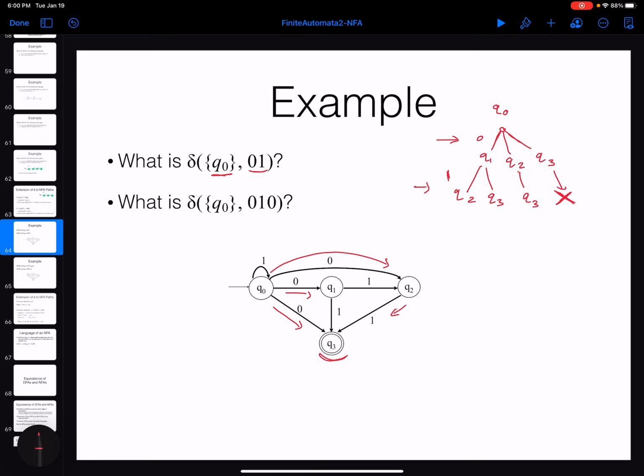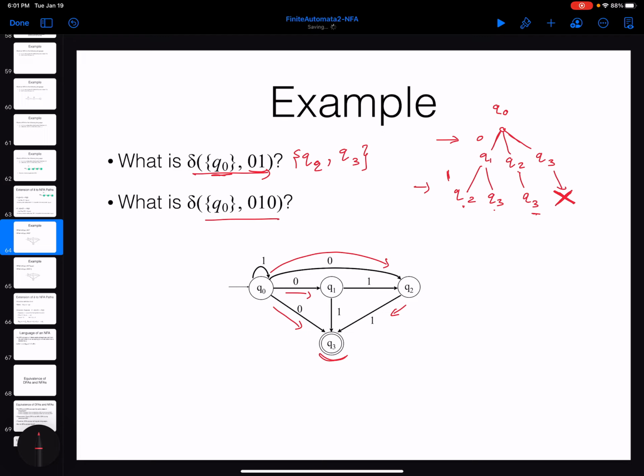I'm trying to tell you that if you are at Q3 and you read a 1, the machine is going to crash. So the answer for this question is the set of all the states here: Q2, Q3, and the last one is also Q3. So this is only Q2 and Q3.